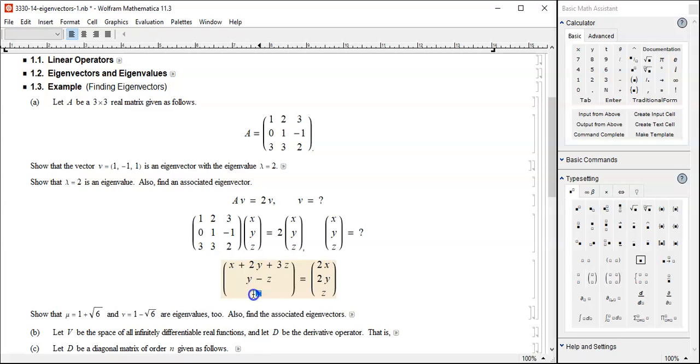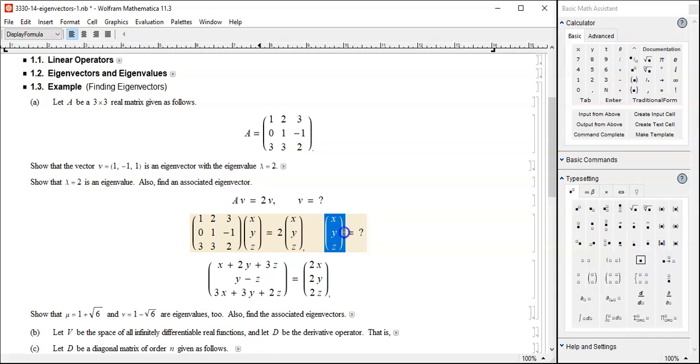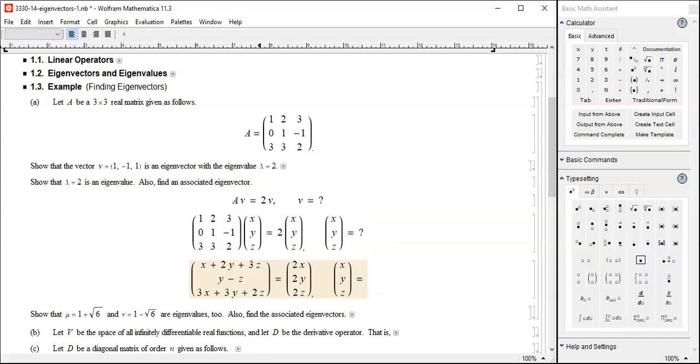And then third row, 3x plus 3y plus 2z is equal to 2z, and here I'm looking for x, y, z. Okay, let's work it out. Which is the simplest?